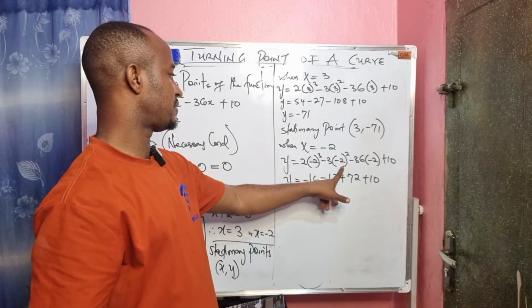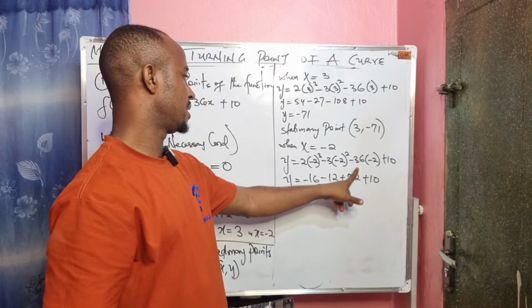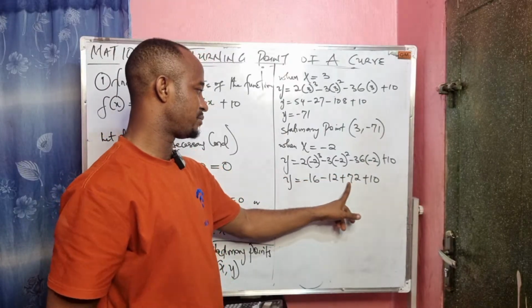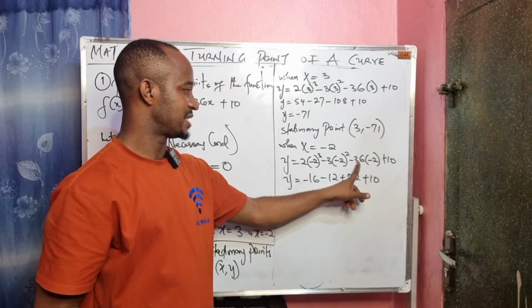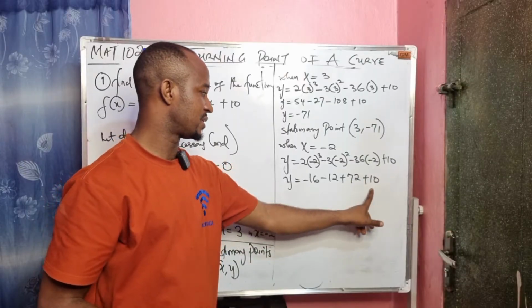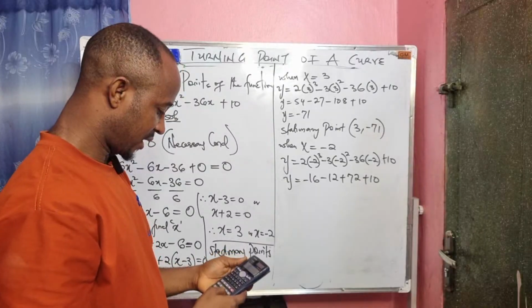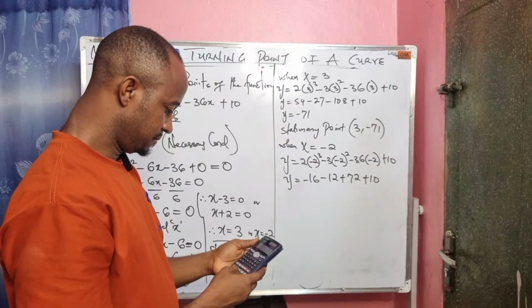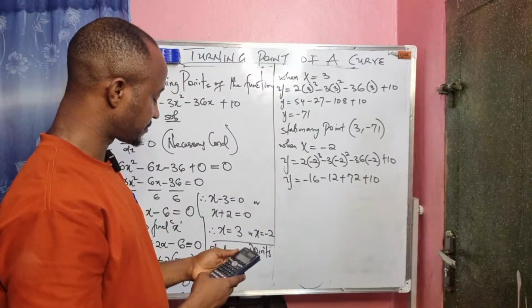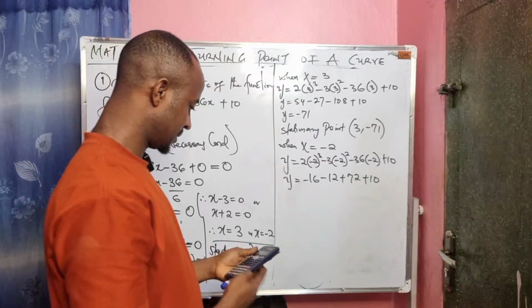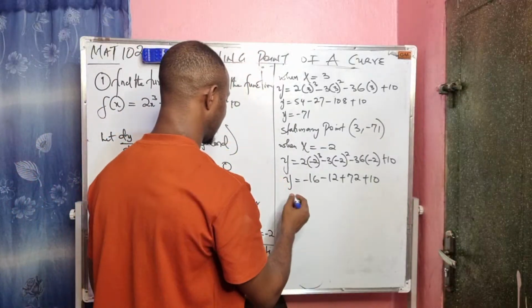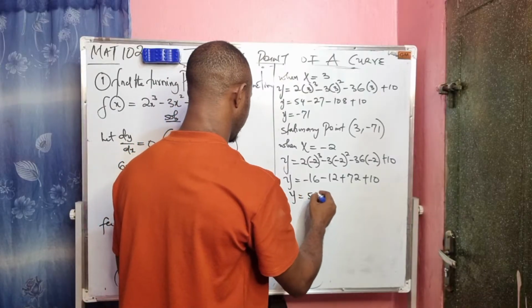Minus 2 to the power of 2 is 4, and 4 times minus 3 is minus 12. Minus 36 times minus 2 is plus 72. Minus times minus is plus, right? Then plus 10. So let's add up these values. Minus 16, minus 12, plus 72, plus 10. We have our final answer as y equals 54.